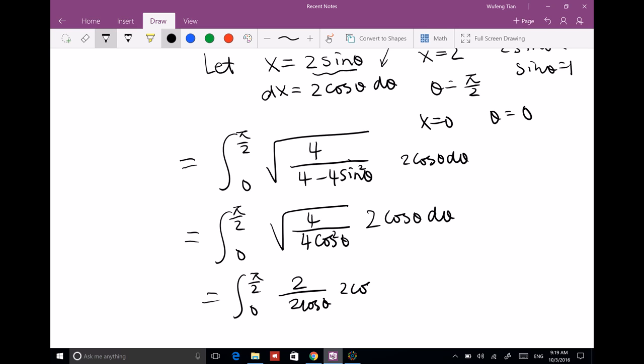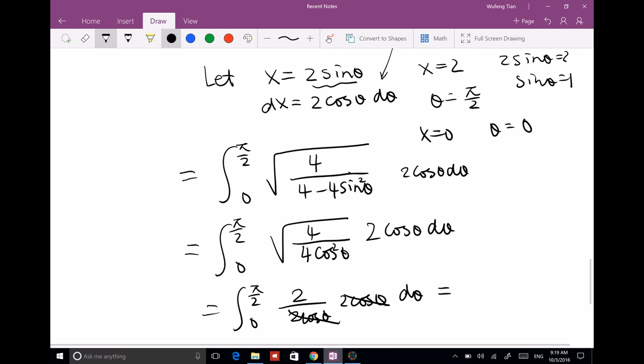This cancels out, d theta. So it's just a constant, 2 theta from 0 to pi over 2. Then plug it in: 2 times pi over 2 minus 0, so the final answer is pi.